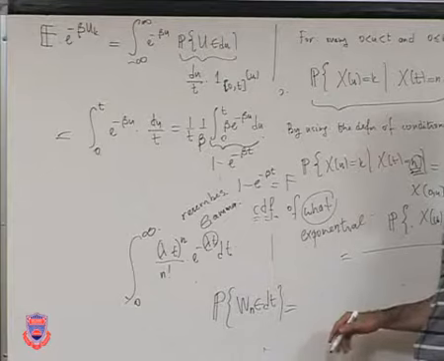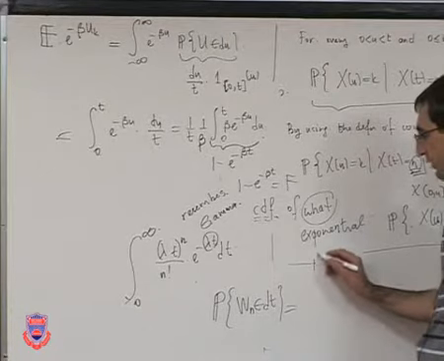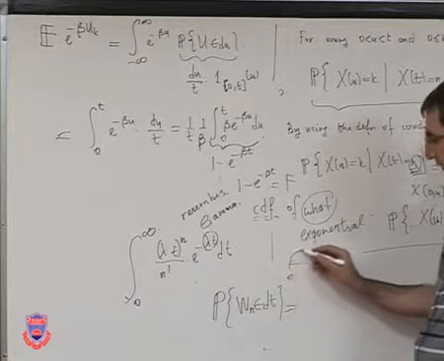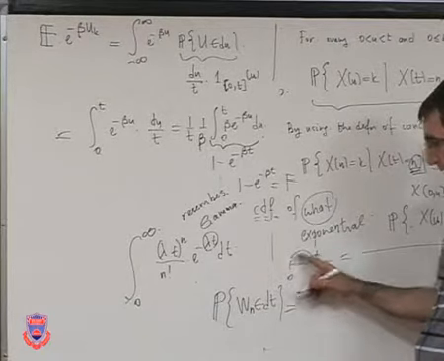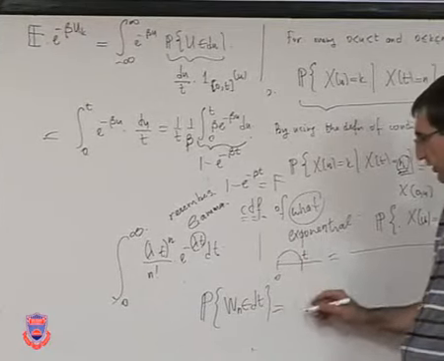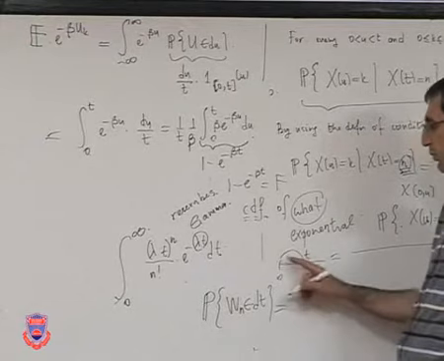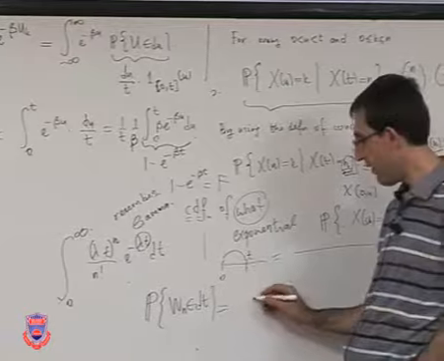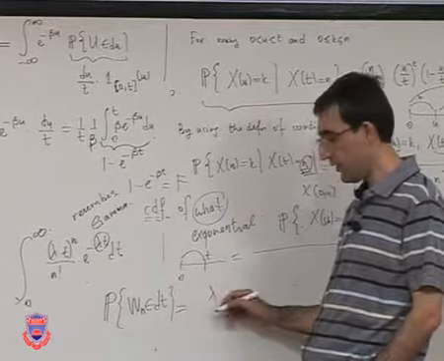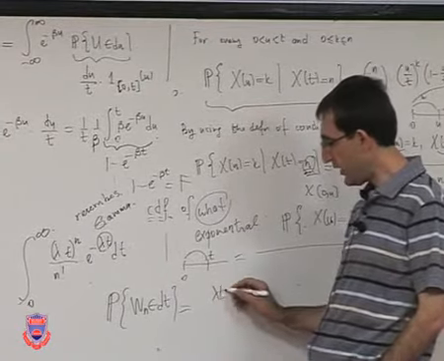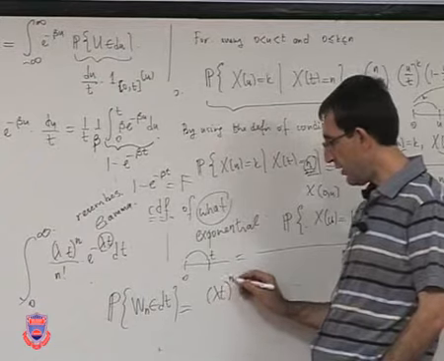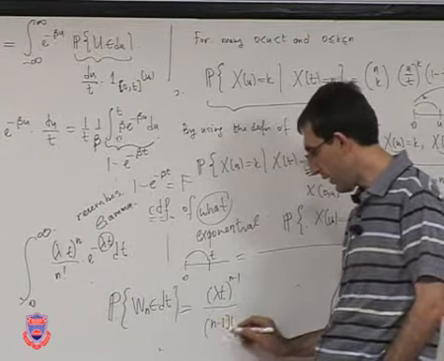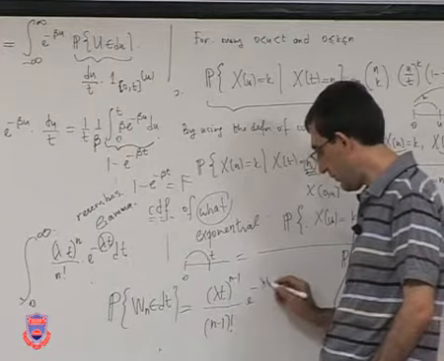We said, okay, if you want the nth arrival to happen near time t, this can only happen if you have n minus 1 arrivals. This is Poisson, so the probability that there will be exactly n minus 1 arrivals here equals what? So we will write the formula now. The mean is lambda times t to the power n minus 1 divided by n minus 1 factorial times e to the minus lambda t.